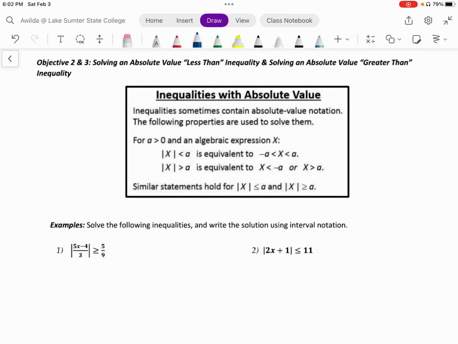Recall from the previous video the definition of the absolute value of a number. We said that when the absolute value of x is less than some number a, this means that x is less than a units away from 0.